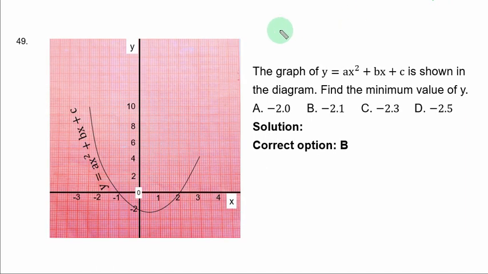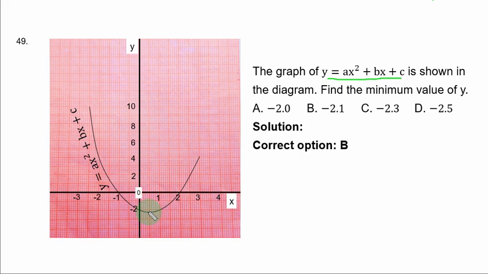Question 49. The graph of y equal to ax squared plus bx plus c is shown in the diagram. Find the minimum value of y. That is the lowest point of the curve. If you trace where the curve is, but before then, you need to get the scale of the graph. In this graph, each box there is 5 lines, and that means 1 centimeter.